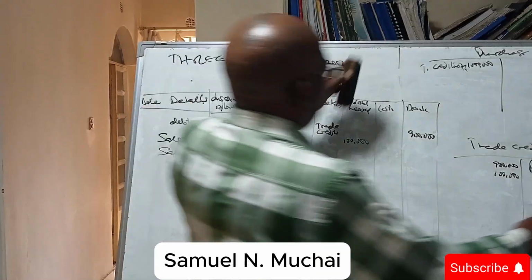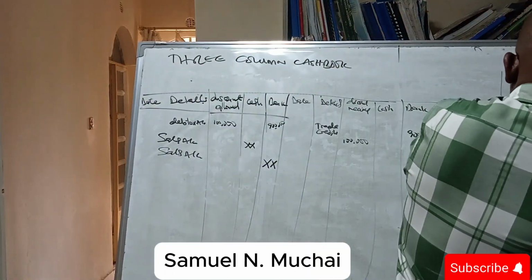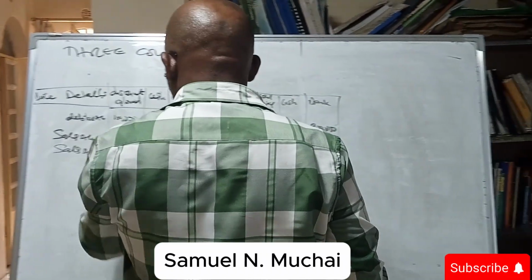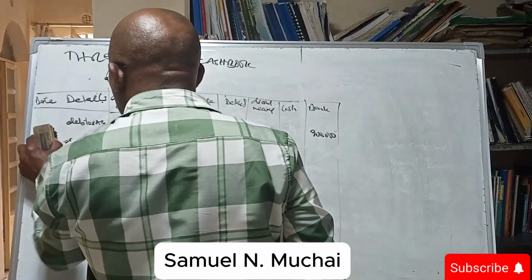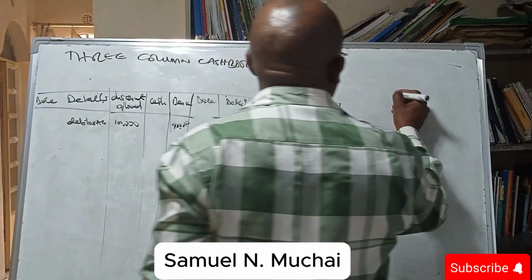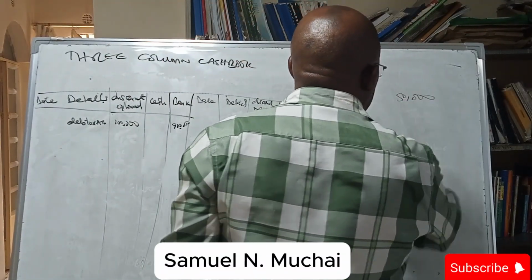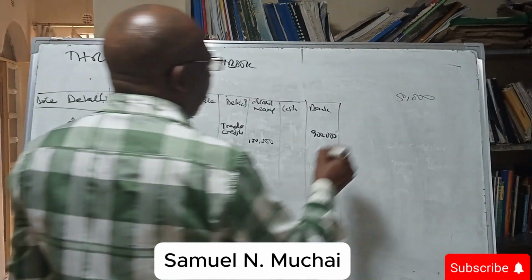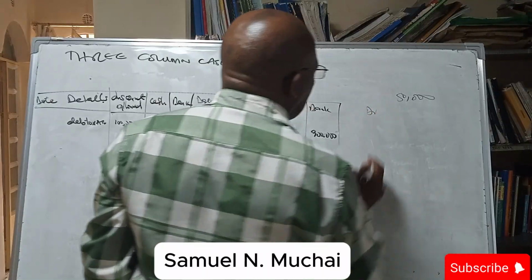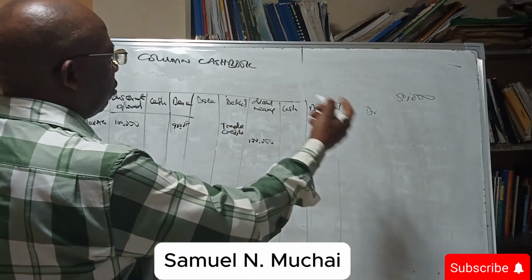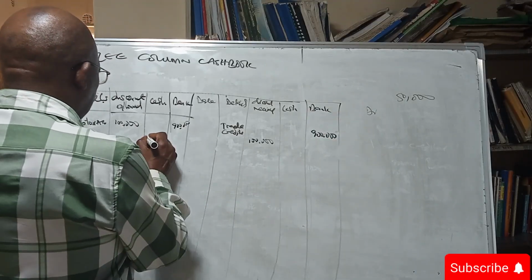Maybe I further show it by example. Assume we sell inventory in cash worth 50,000. It will result in an increase in an asset, cash. Our cash will increase with 50,000.